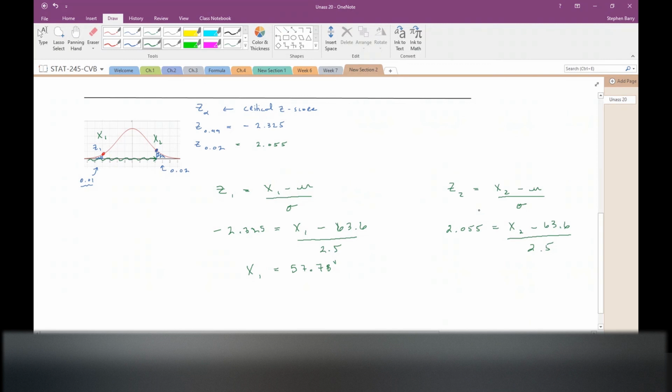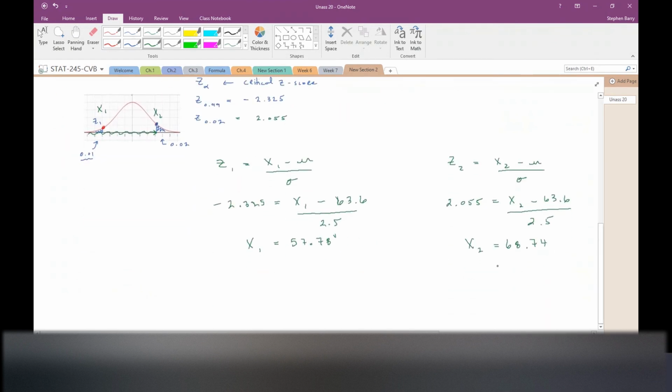So 68.74. So that makes sense. Yeah. It's going to be higher than the other value. All right, now we're done. So these are the height requirements here. This is the small, this is the large.